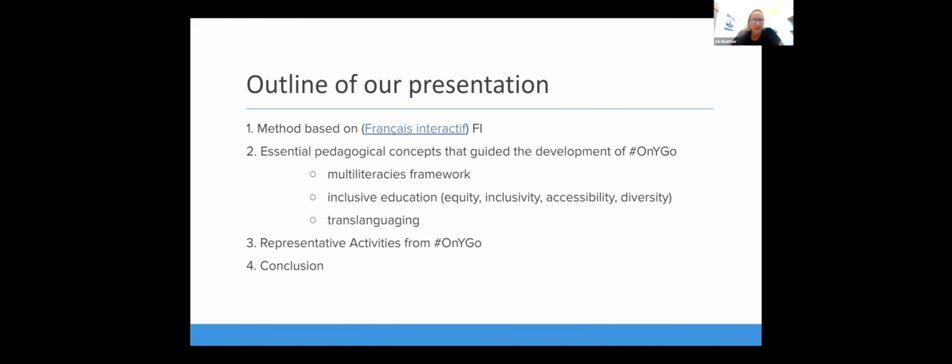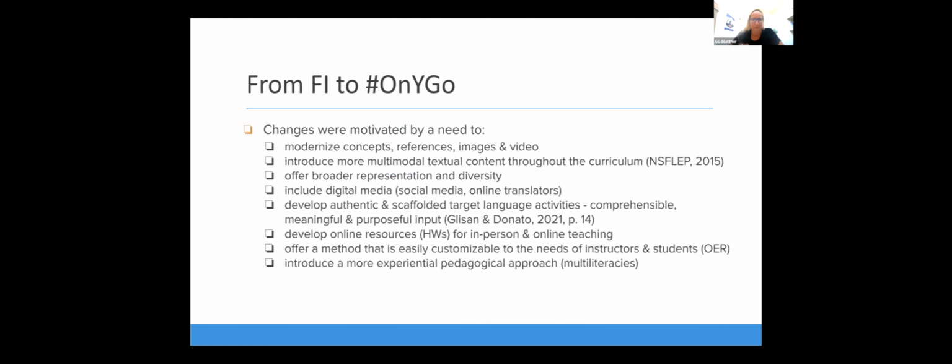It's also a textbook that is inclusive, that really tries to represent different types of voices and students in general. And then we also are using the translanguaging concepts throughout the textbook. Then we will go through a series of representative activities from our textbook so that you get a better understanding of what we did and how each of the chapters function. And then we'll go through our conclusions and our timeline for our textbook.